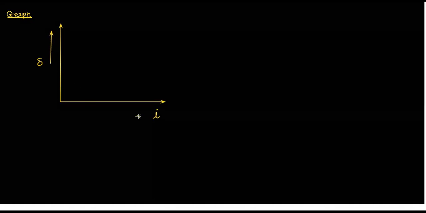Let's plot a graph that is i versus delta. Suppose I am taking i on the x-axis and angle of deviation on the y-axis, and if you plot the graph, you will get a graph nature something like this.